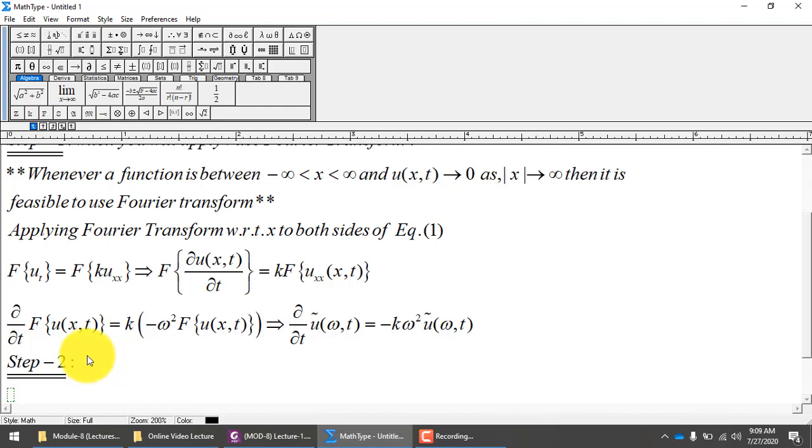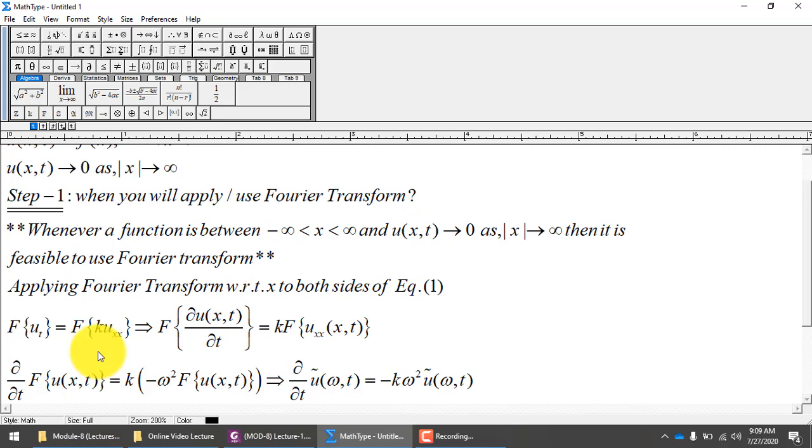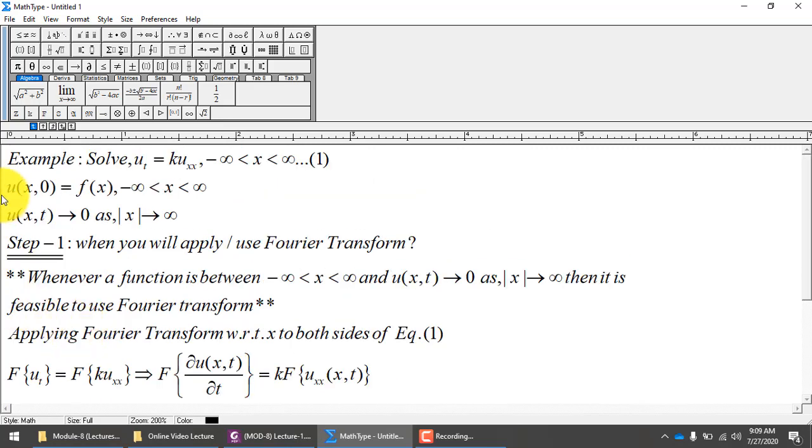You can also apply another transform, which is Laplace transform, because with respect to t derivatives are also there. What this transformation does is it eliminates the derivatives and the partial differential equation is easy to solve. We know that we have the initial condition with respect to t for u.